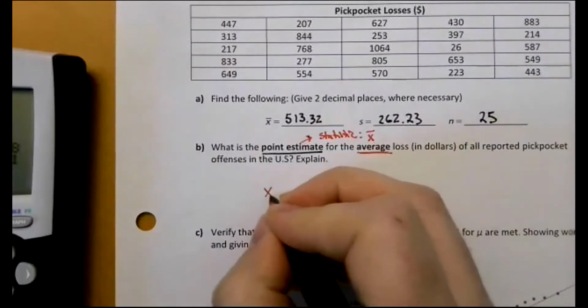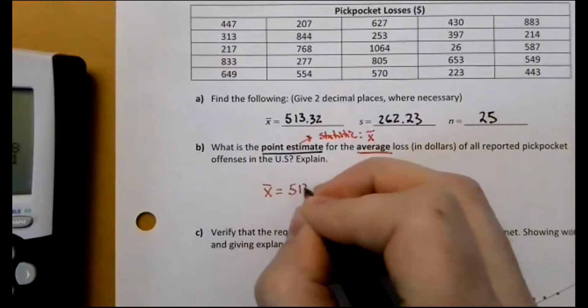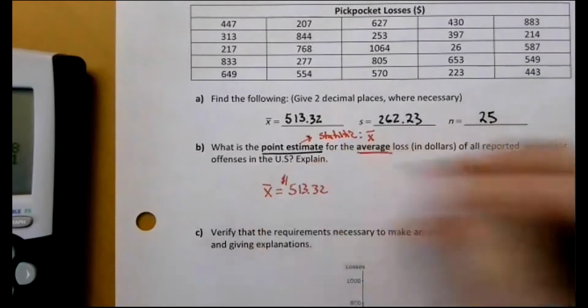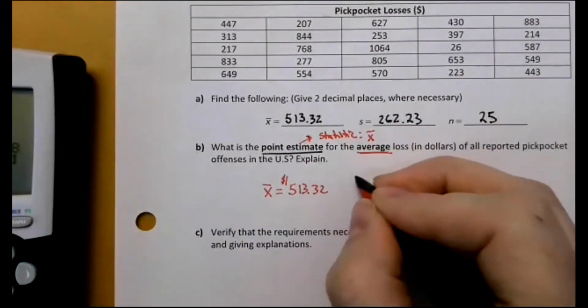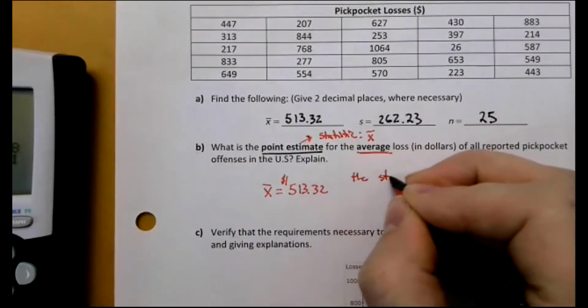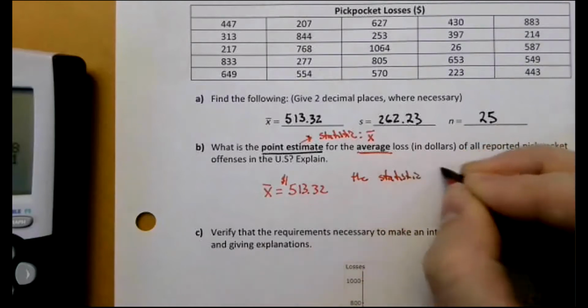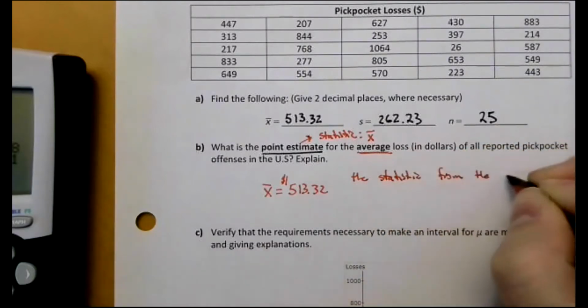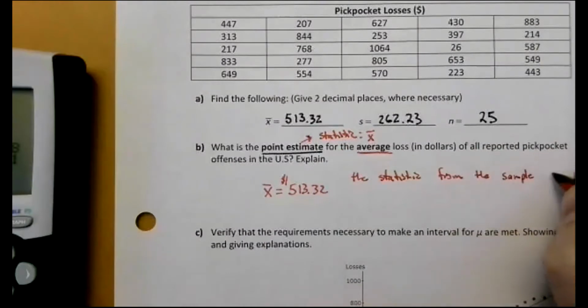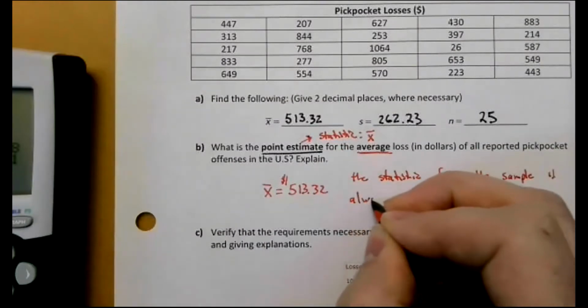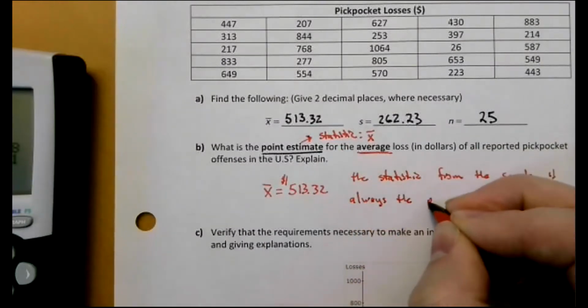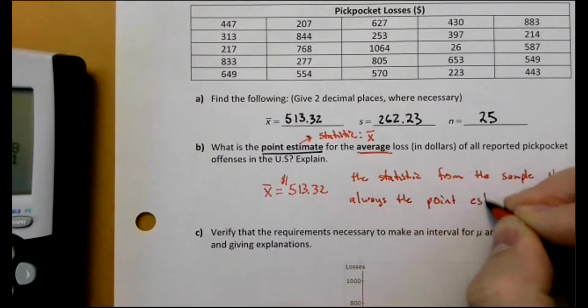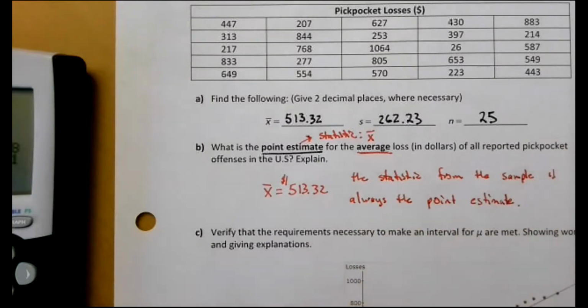So our point estimate is 513.32. The statistic from the sample is always the point estimate. Always, always, always.